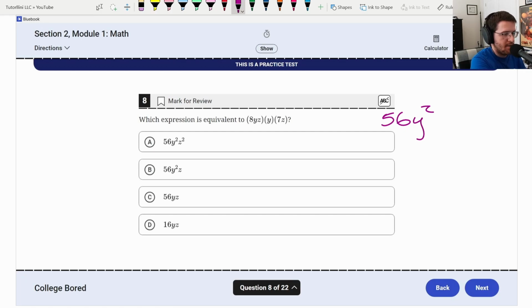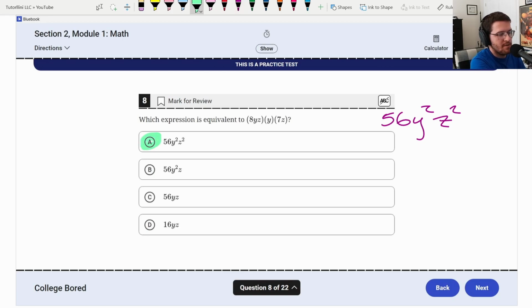And then it seems there are 2 z's. So again, multiply by a common base, add the exponents. z to the 1 times z to the 1 is z to the 2. So we're going to make that z squared. And that should give us answer choice A.